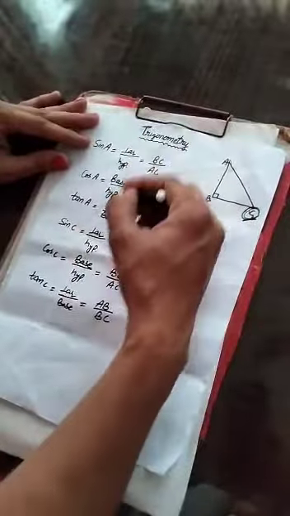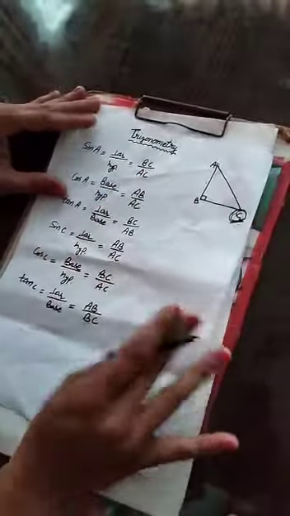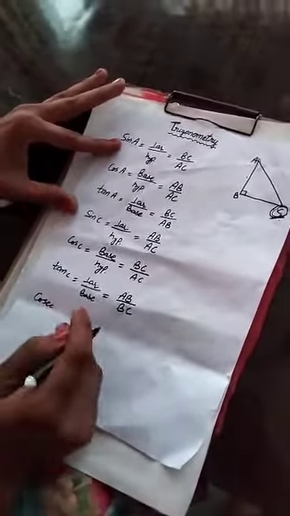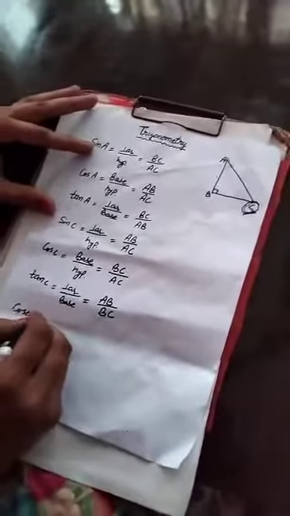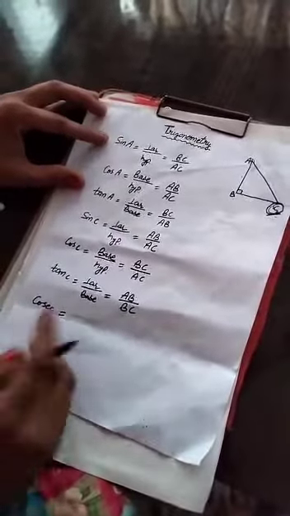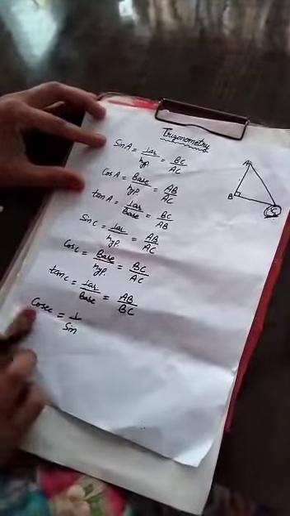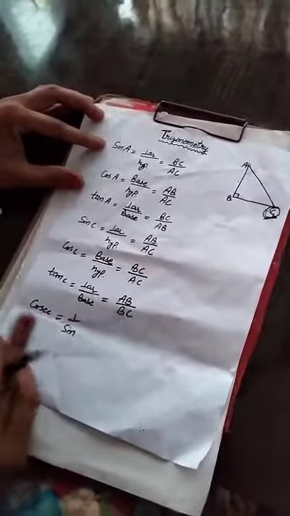Now we were talking only about sine, cos, tan. Now if we say cosec, cosec angle is opposite of sine angle. Cosec angle is opposite of sine angle. Okay.